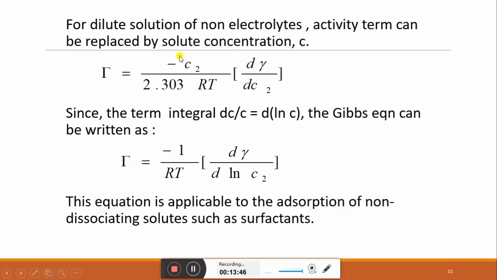So the equation is the same, just A is replaced with C. When the substance does not have a tendency to dissociate, we can use the term concentration, and A is replaced with C. And if we integrate the equation, we will have this equation.